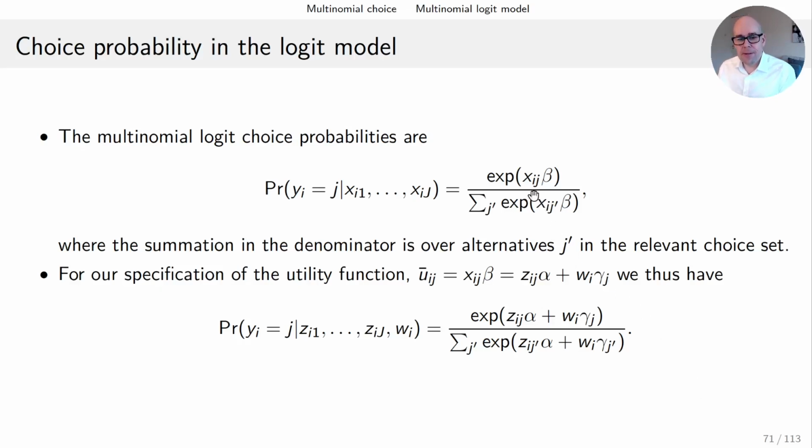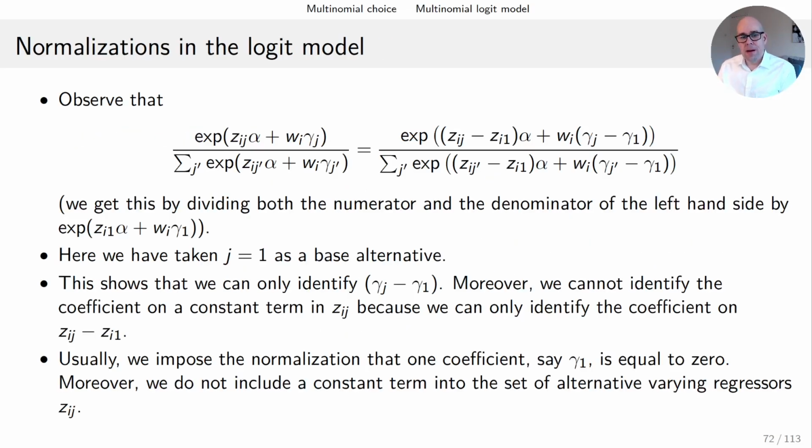Here it's written out in terms of xij beta for the specification of the utility function, or the mean utility. We can also write it down in terms of zij's and wi, but it's still the same type of expression. Now let's look at this second formulation and think about normalizations.